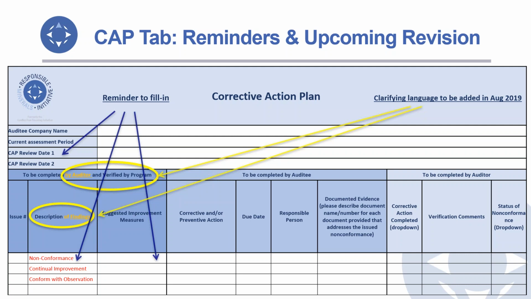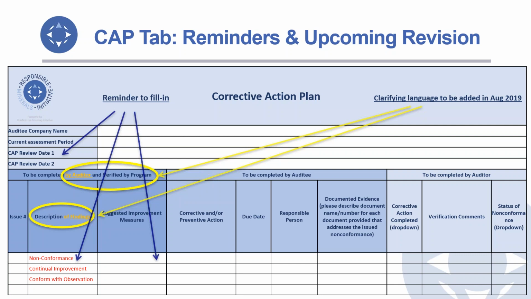That's where you would put your non-conformance and other types of findings. However, since we've cut the narrative report down and we took out the nonconformances, it's important that you fill out this part of the CAP tab and you put all types of findings that you've had for the assessment.